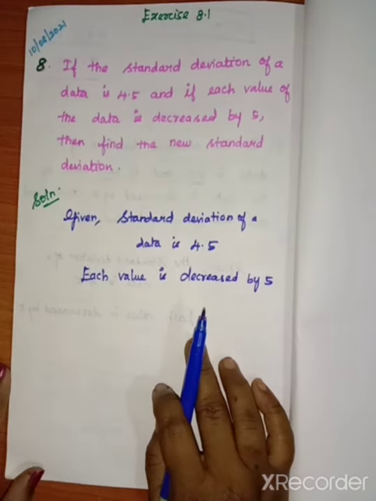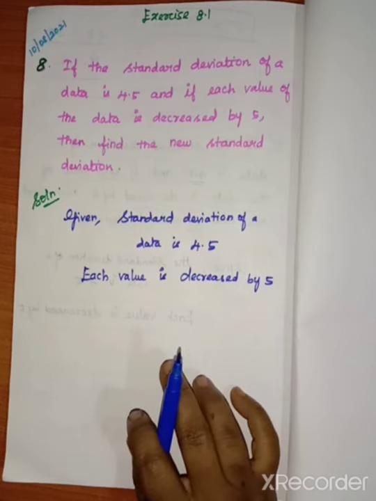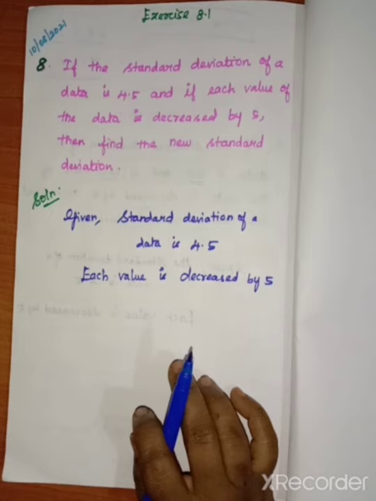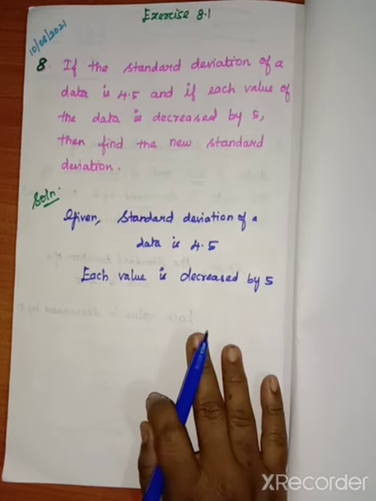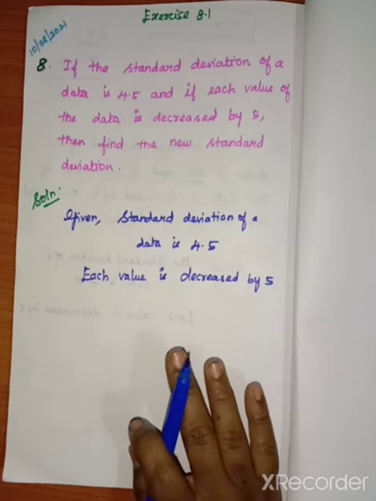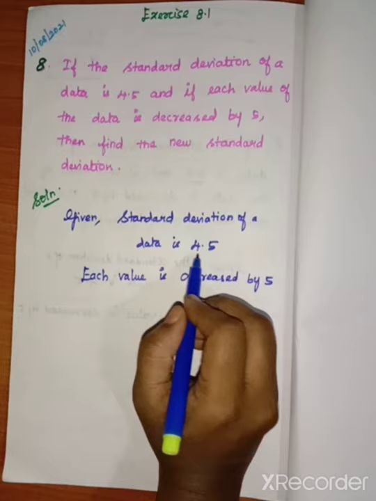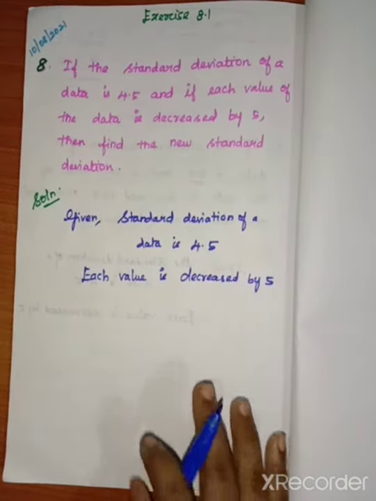In the previous example, we have seen that for addition, that means increasing the data, we get the same standard deviation. Like that, for the decrease also we get the same standard deviation. So the old standard deviation is 4.5, which means the new standard deviation is also 4.5.